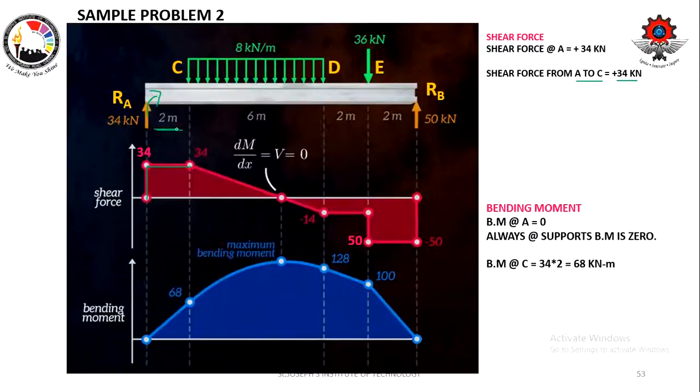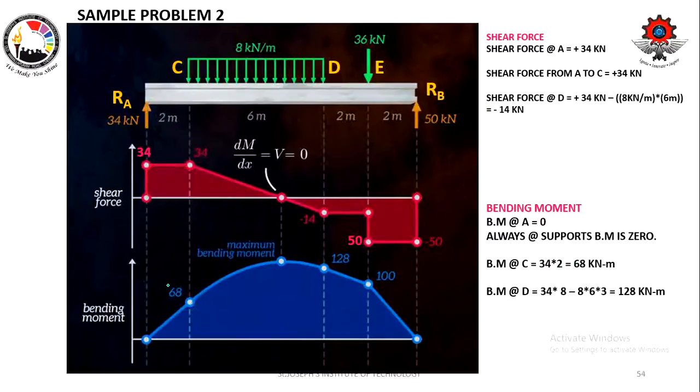For this point C, the distance is 2 meters. So 34 into 2, that is 68. Bending moment at point C is 68. I hope it is clear.